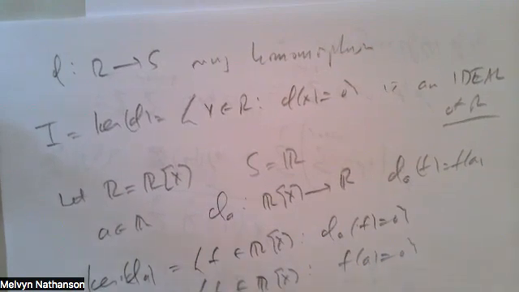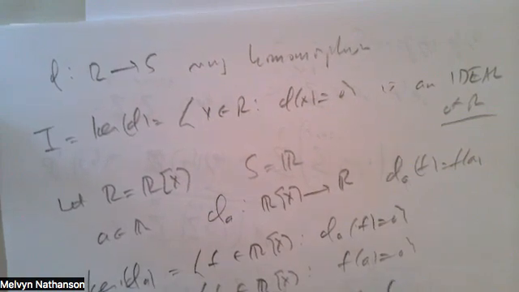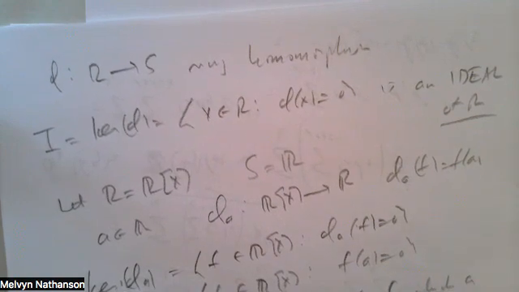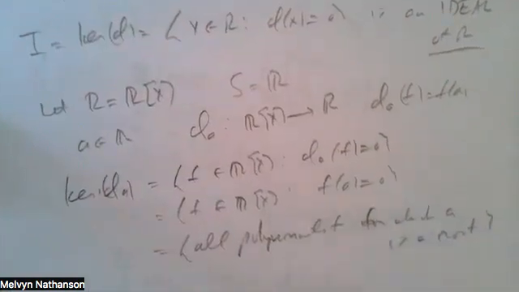So this just means all polynomials f for which a is a root. So this ideal is the ideal of all polynomials for which this number a is a root. That's an ideal.